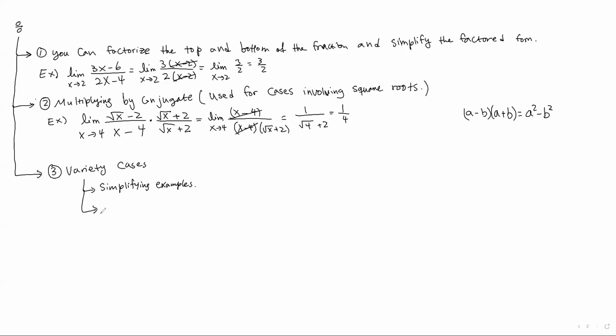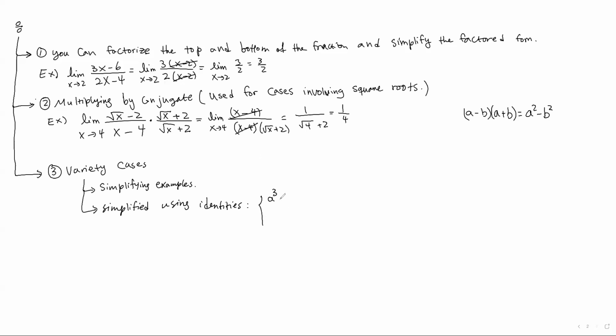The other one is basically simplifying, but using algebraic identities. And two of the very important algebraic identities that you have to carry with yourself all throughout this course are difference of cubes and sum of cubes.